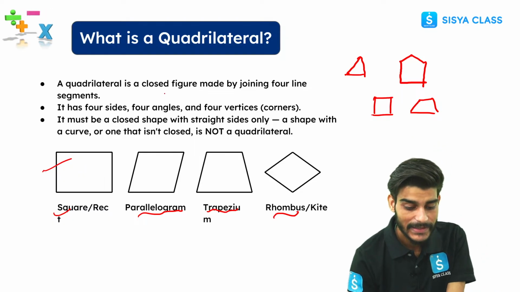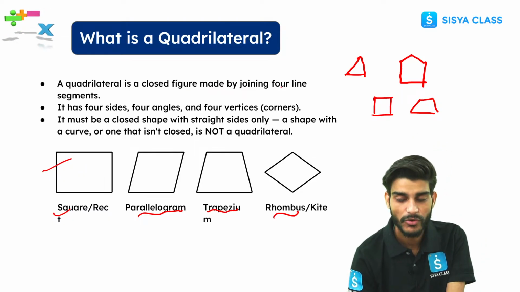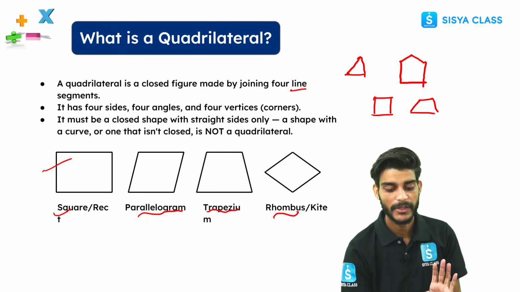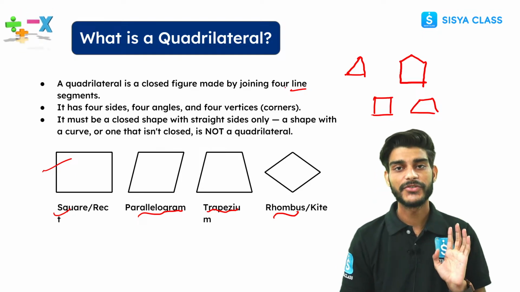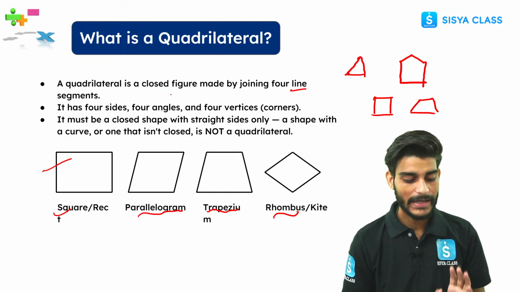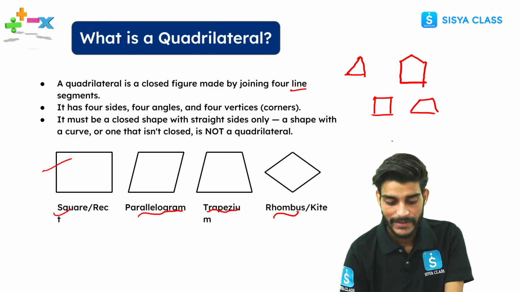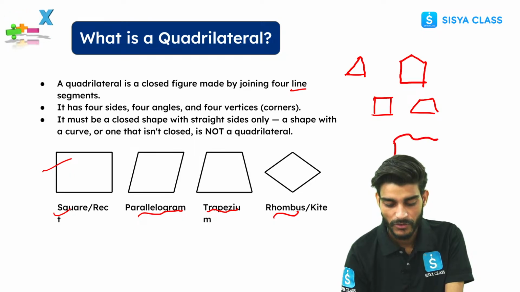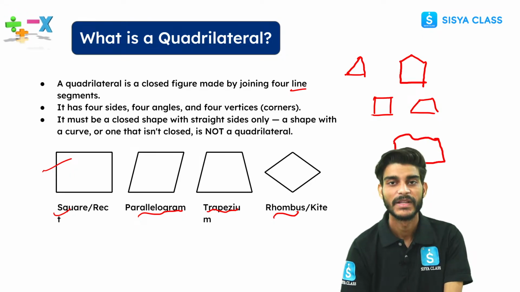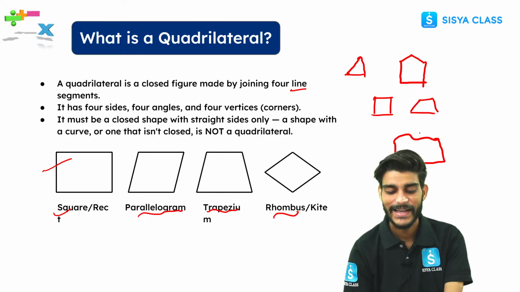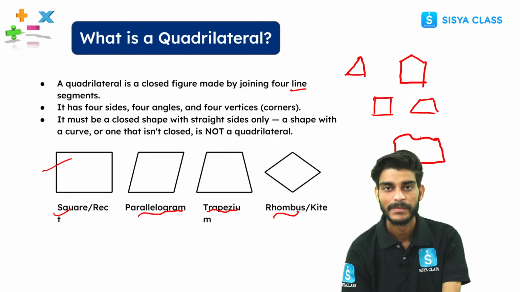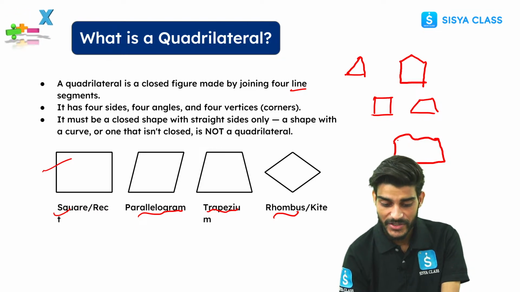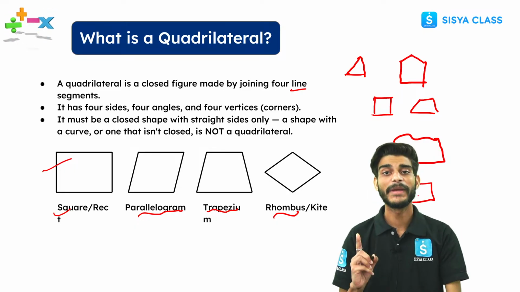A quadrilateral is a closed figure made by joining 4 lines. Now the lines should be straight. It cannot have a curve like this. We cannot call it a quadrilateral. Why? Because it has a curve. So the lines should be straight only, and it should make a closed figure.